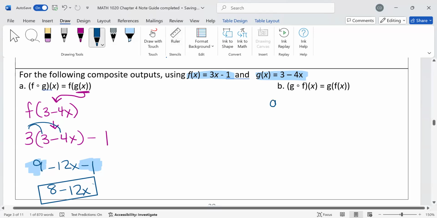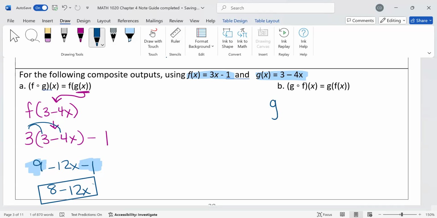All right, so this one, it's in the opposite way. It's g of f. So this time f is on the inside, which is 3x minus 1. G is on the outside, so I'm going to write g with a big set of parentheses and plug in f.